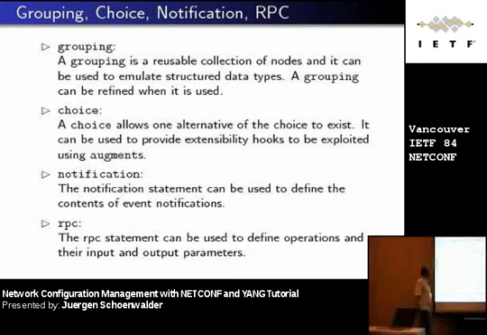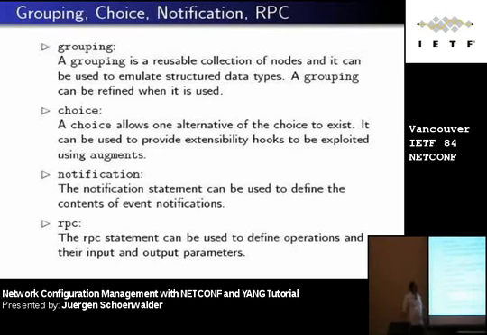There's a choice. A choice can be used to provide extensibility. Sometimes you have different ways of doing things, and you know them upfront. What I know now is that in five years there will be additional ways of doing things, so you want to provide extensibility there. So you make it a choice and say, if that mechanism is used, that's the configuration for that mechanism.